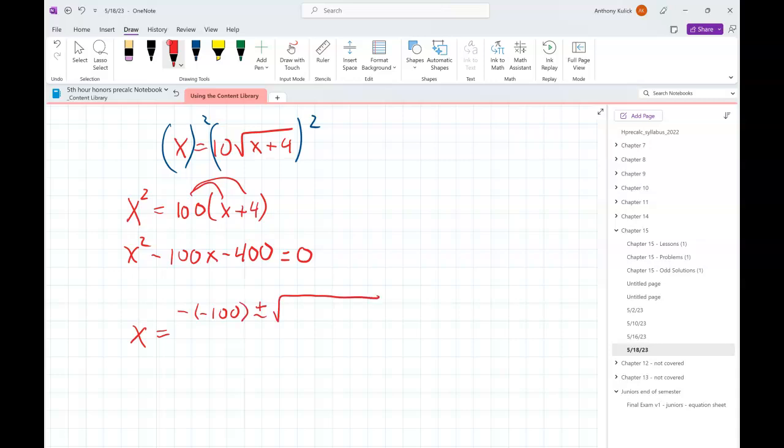Although it's possible that that factors. And if you saw it right away, good on you. But we're going to just find out together here, I think.